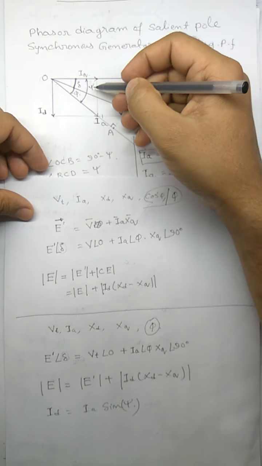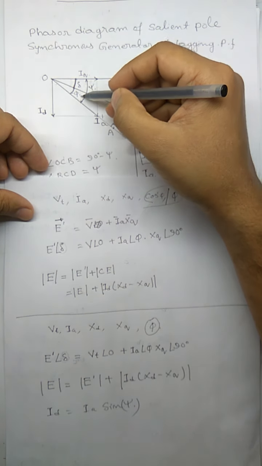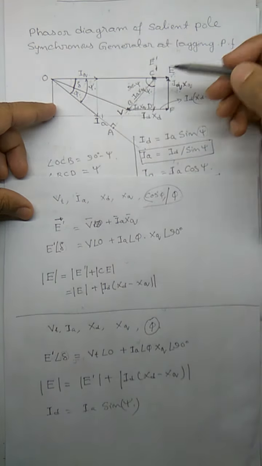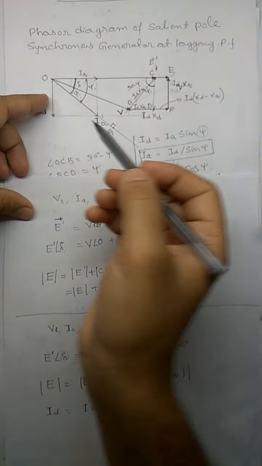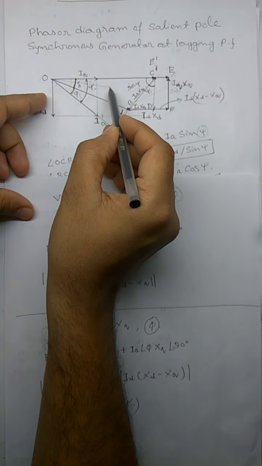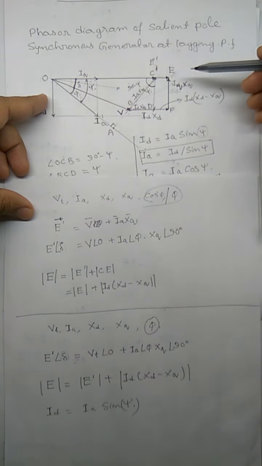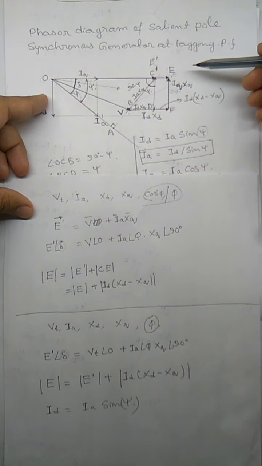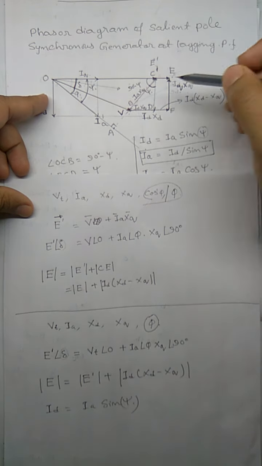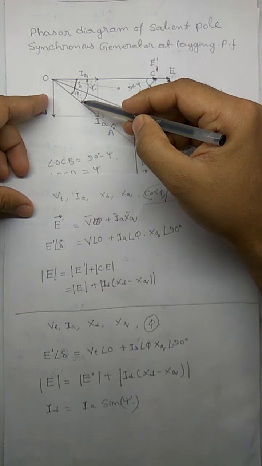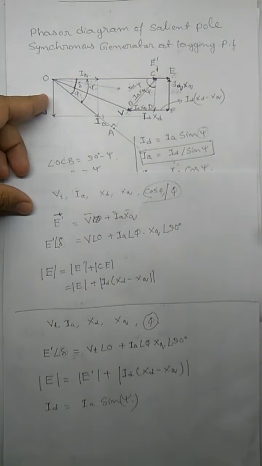It is not always that psi will be delta plus phi. For example, if it were a leading current, the current will be somewhere here. In that case, psi will be equal to delta minus phi. So you have to draw the phasor diagram and understand whether psi will be delta plus phi or delta minus phi, and accordingly we will find out psi.